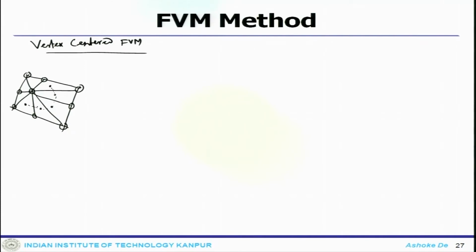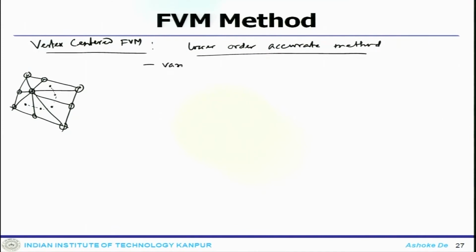Now, one of the biggest disadvantages of this vertex center arrangement is that it gets you a lower order accurate method. So, the vertex centered finite volume method actually gets you back a lower order accurate method. And why?